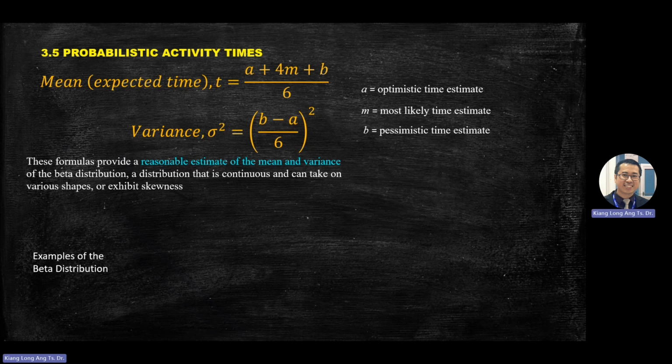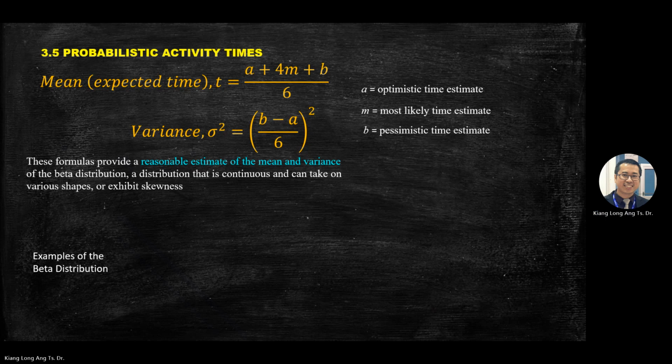From here to here is most likely time, which will cover maybe 80% probability.